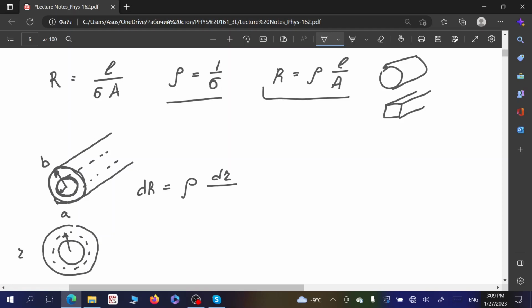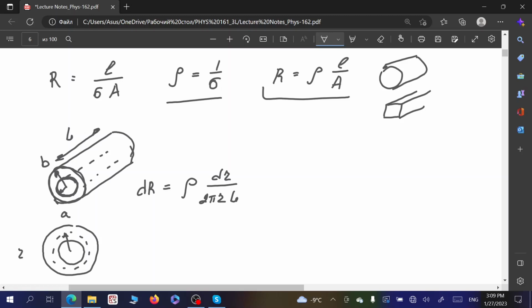That will correspond to this small part of the length of the structure. And then in the denominator, we need to have the area. So what will be the area? It will be 2 pi times r times L, the length of the segment. So let us define it here. That's the end here. And here we have the length of this conductor.